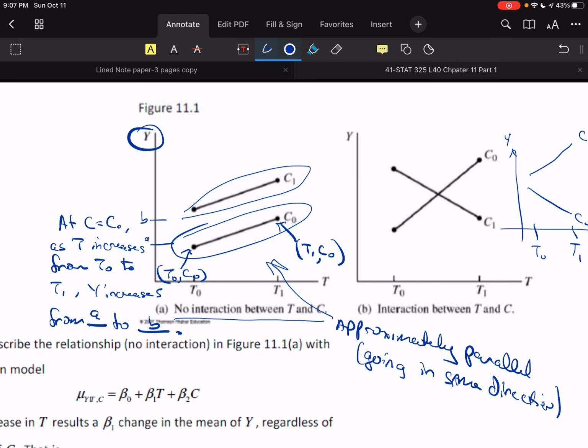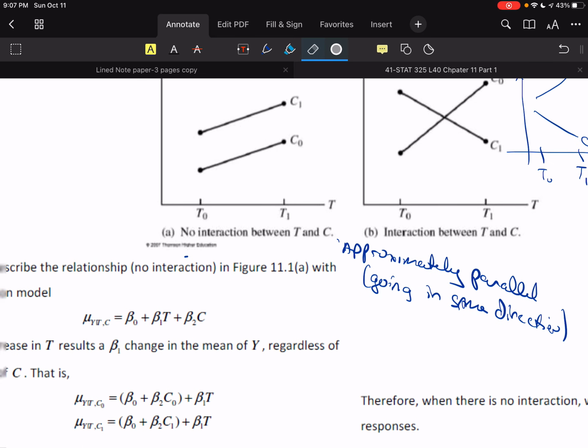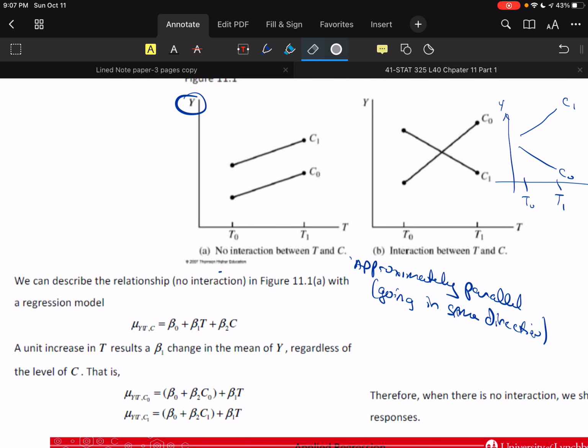Now, when we have this parallel situation over here in A, we can just talk about C and T. In fact, when there's no interaction, we can have just one model with the variable t and the variable c. We can discuss what happens to the mean of y as t increases or decreases, and separately as c increases or decreases.